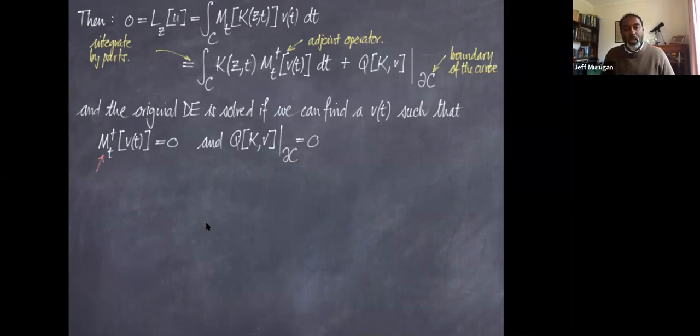Now, if the differential equation for M acting on V is as difficult or more difficult than the original equation, then there's very little point in this whole exercise. So essentially, this whole story boils down to a clever choice of the integral kernel. That's the whole point of this game.